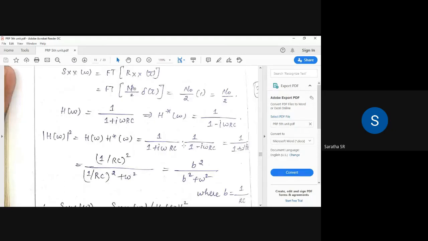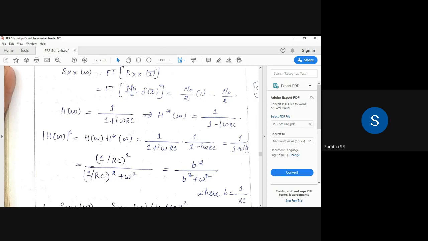Here we are removing the 1 by RC the whole square, so we multiply 1 by RC the whole square with the numerator as well as the denominator. Then in the numerator we got 1 by RC the whole square, and in the denominator we got 1 by RC the whole square divided by R square C square.